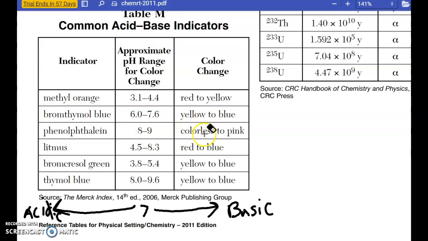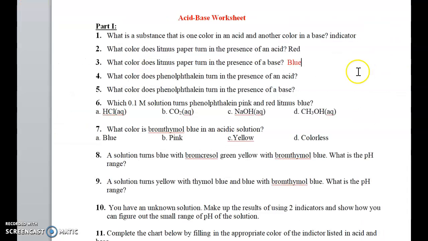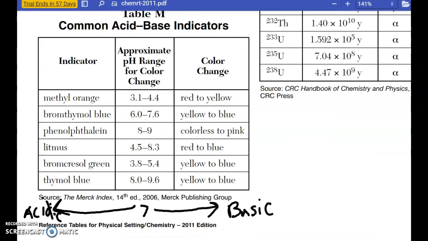It's still going to be colorless. What color does phenolphthalein turn in the presence of a base? Of course the base has to be above a pH of 9 for it to be totally pink, but it is pink for more basic solutions, so pink.